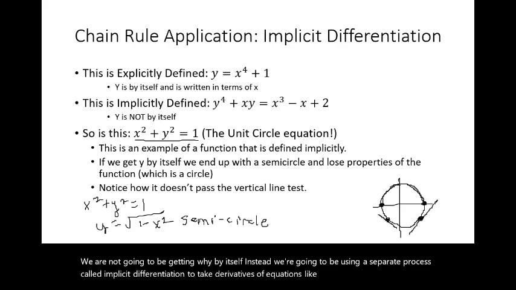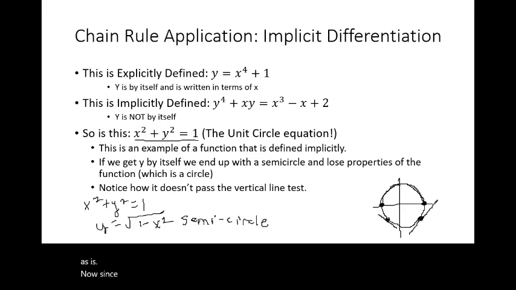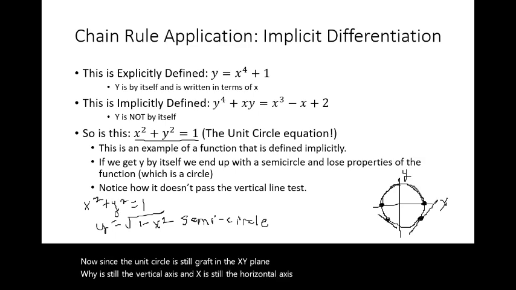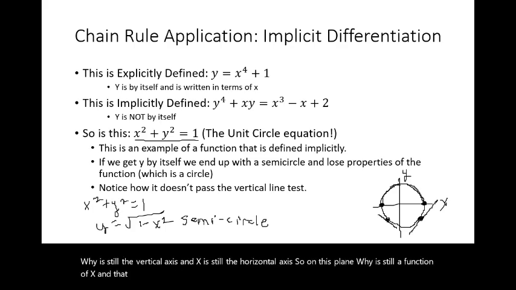circle written as is. Now, since the unit circle is still graphed in the xy plane, y is still the vertical axis and x is still the horizontal axis. So on this plane, y is still a function of x, and that is going to be extremely important.